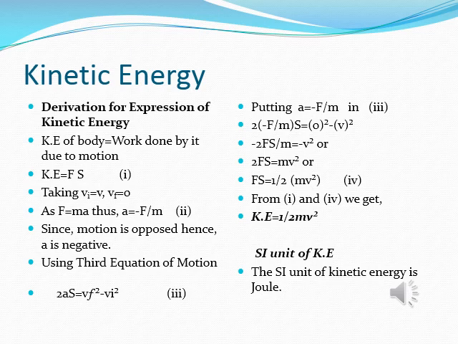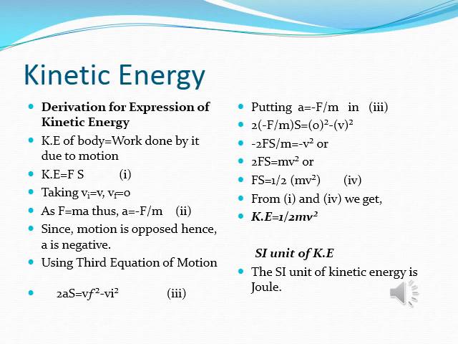The body possesses kinetic energy and is capable to do work against opposing force F until all of its kinetic energy is used up. Thus, kinetic energy of the body is equal to work done by it due to motion. So, we can write kinetic energy is equal to Fs.